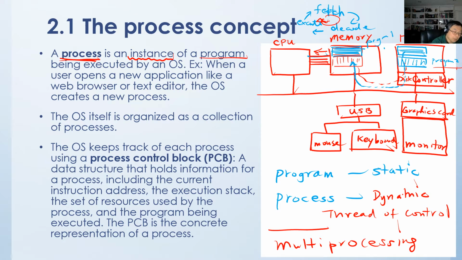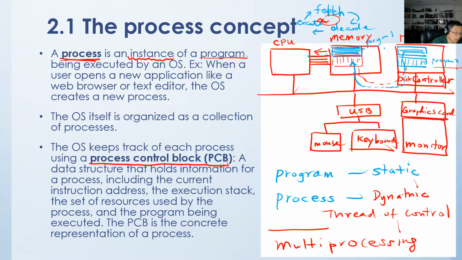Now the operating system keeps track of each process using a data structure called a process control block. Okay, a process control block is a data structure that records the status of each process. So for each process, the operating system is going to create a process control block, and sometimes we call it PCB.